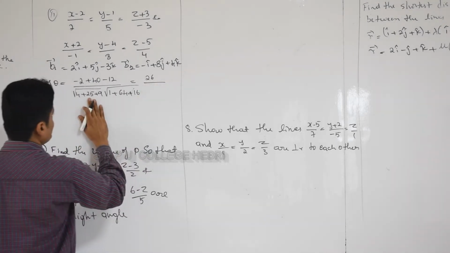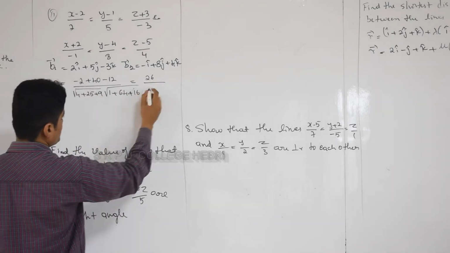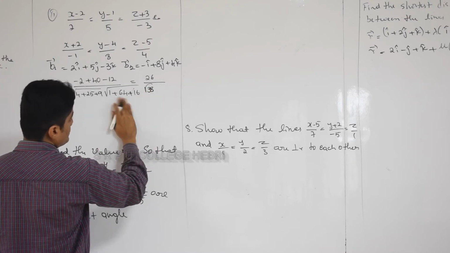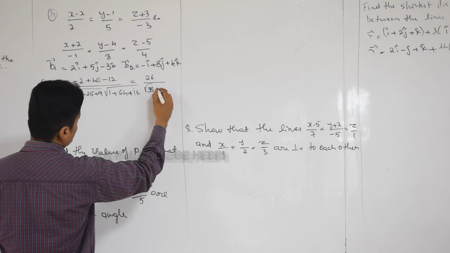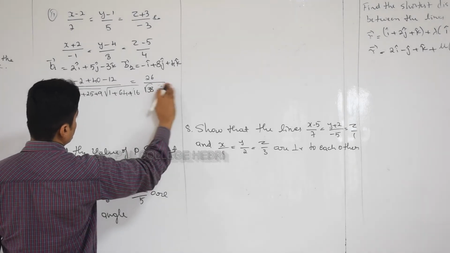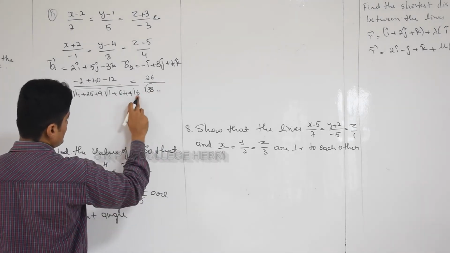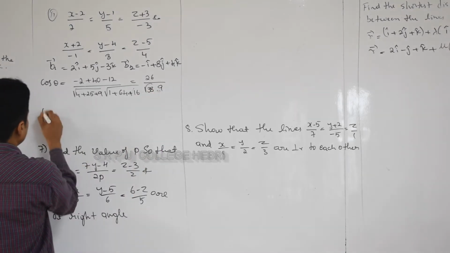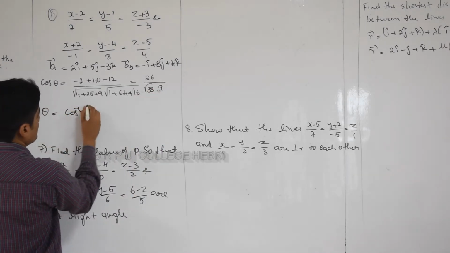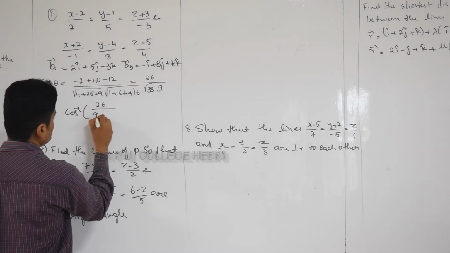Divided by square root of 38, and square root of 81 is 9. So theta is equal to cos inverse of, we cannot simplify, just keep it as it is.